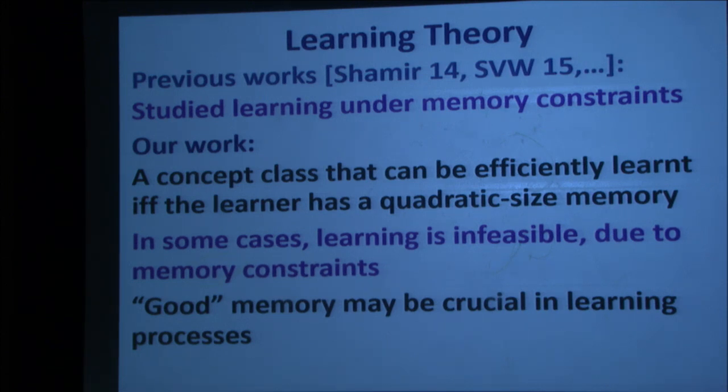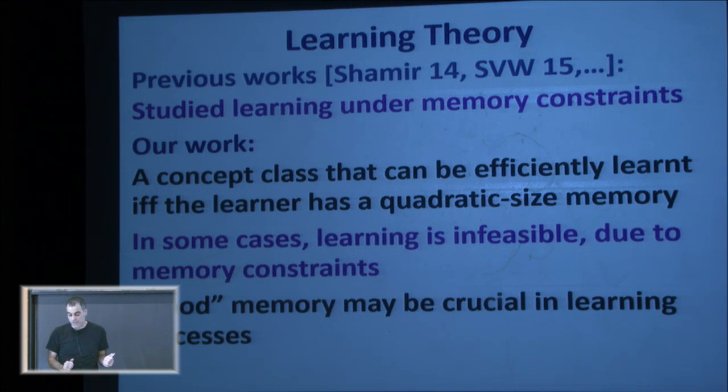But if the learner has anything less than quadratic, then the concept class cannot be learned by less than exponential number of samples. In other words, in some cases, learning is infeasible due to memory constraints. Or if you want, good memory is crucial in learning or cognitive processes. And I guess we all know that.